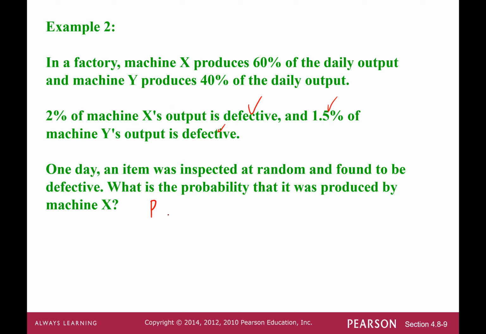So you do the probability of machine X given that it's a defective item. The prior information, the first piece of information, is defective. Second, you find the probability that machine X produced a defective item out of all defective items produced.